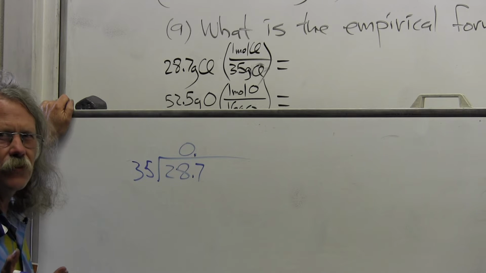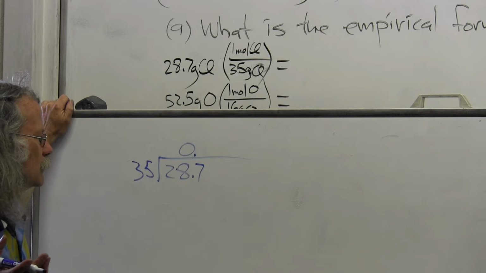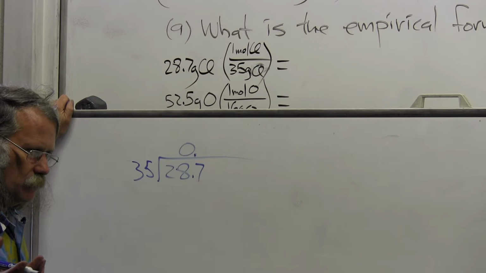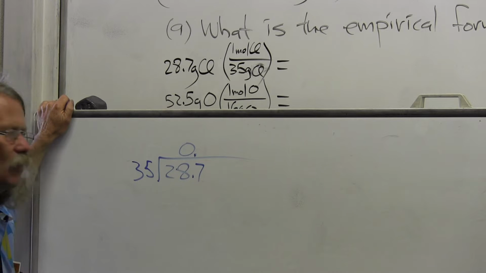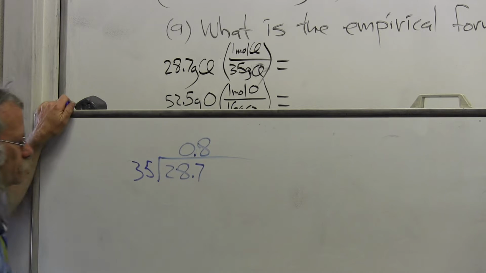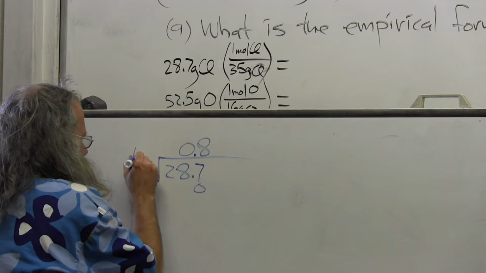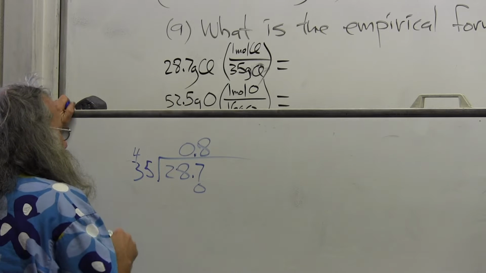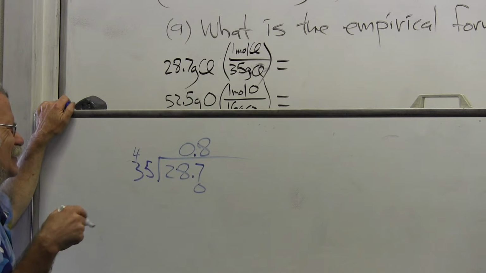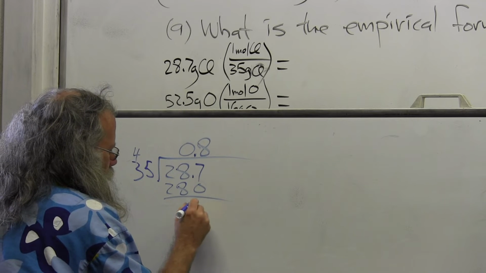Subtract 70 from 350, that's going to be 280. Right on. So I'll pick 8. 8 times 5 is 40. 8 times 3 is 24, and 4 is 28. Okay, so that gives us 7.